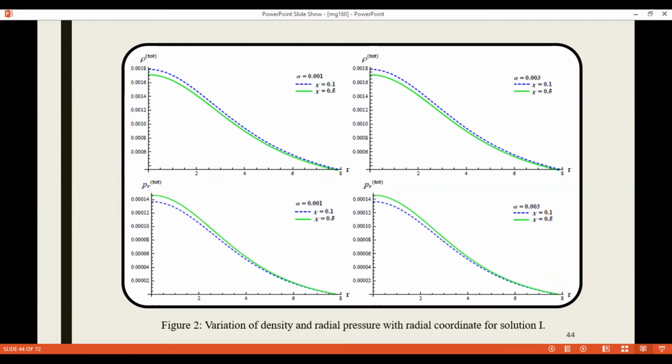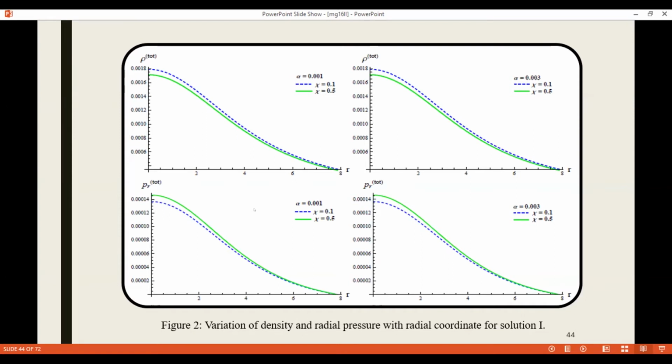And similarly, radial and then tangential pressure, we can see that these provide the decreasing behavior but remain in a positive range. So positive domain, it means they are well behaved matter variables.